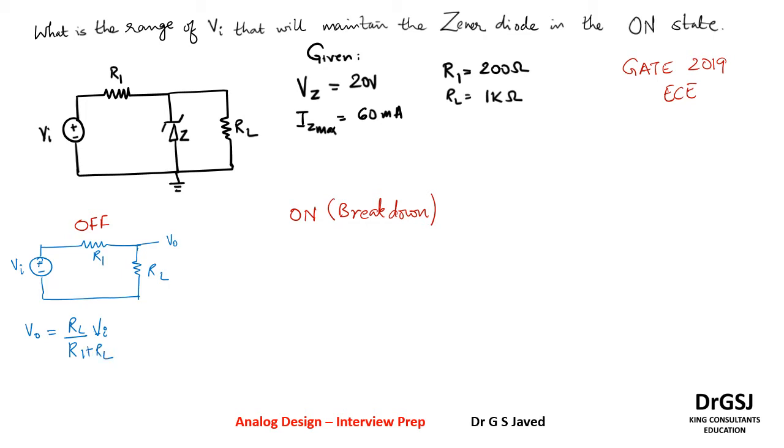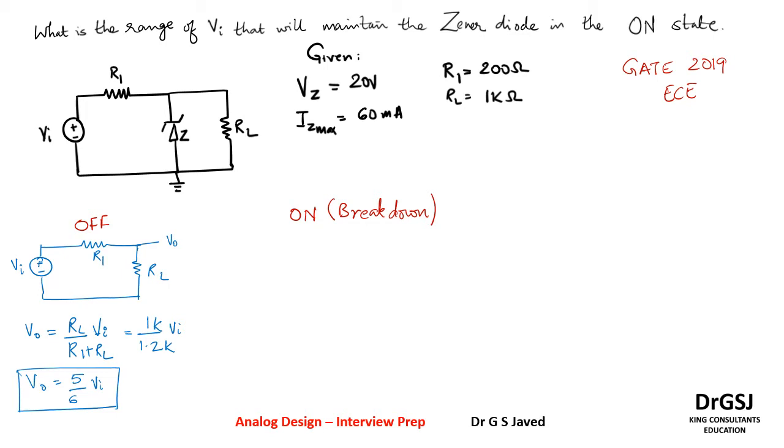The values are 200 ohm and 1 kilo ohm, so effectively it is 1 divided by 1.2 times Vi, or V0 is 5 by 6 Vi. So this is 1k by 1.2k, and this is one equation.